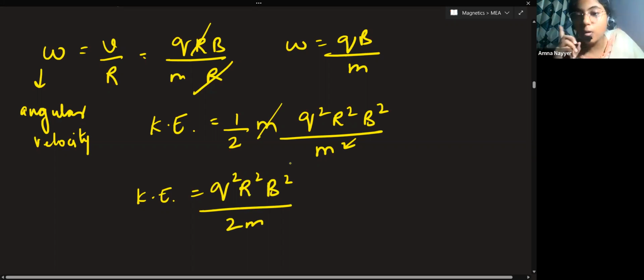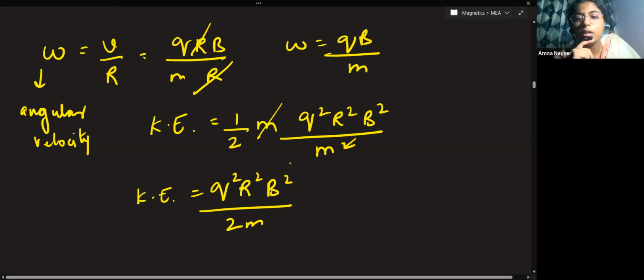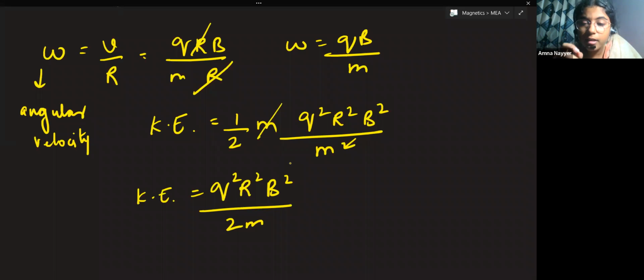See, for your competitive exams like JEE, NEET, even KVPY, this directly comes, or it can give you slight values to calculate. In your class 12th board examination, CBSE board exams, or your ICSE or other board exams, to calculate kinetic energy you have to show all these steps.